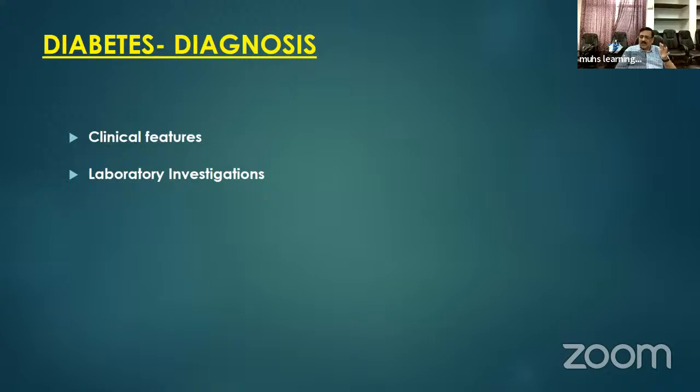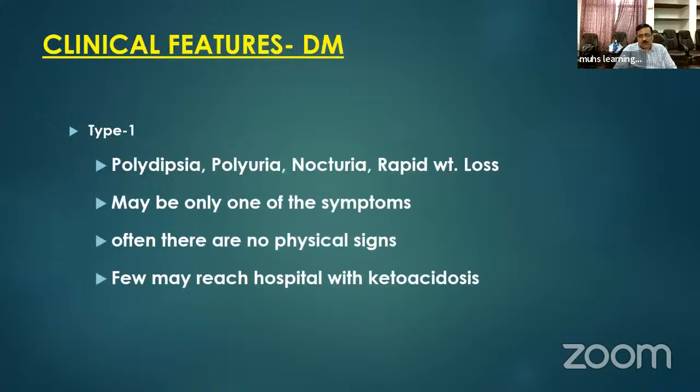So that is why you ask the clinical question, is there polyphagia, polydipsia, polyuria with loss of weight? It may happen that these cases have to be investigated before they started. But index of suspicion is the only way through which we can diagnose it in time. Laboratory investigations, I will give you the cutoffs, how to go about that.